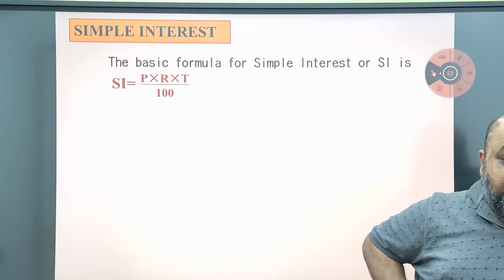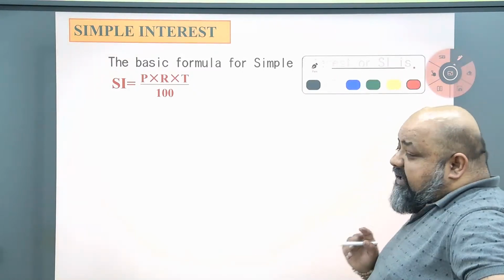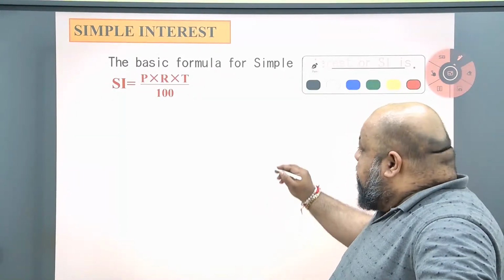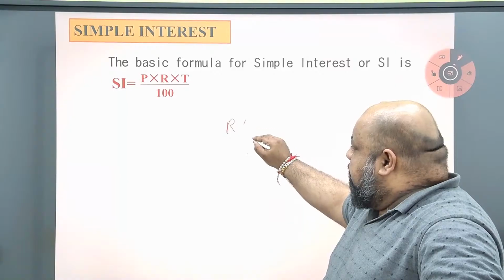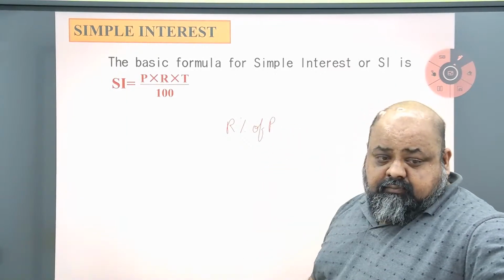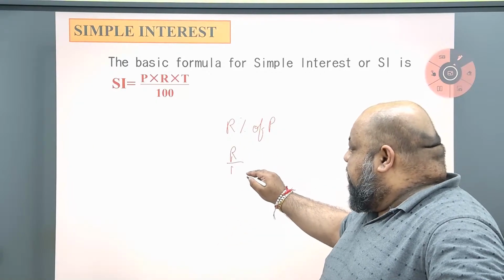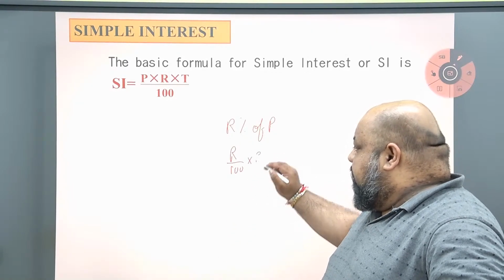And how do we get this formula? Interest every year will be R% of P. How do we calculate R% of P? R upon 100 into P.